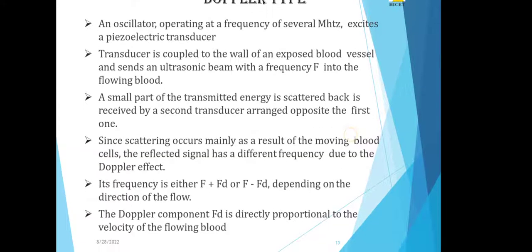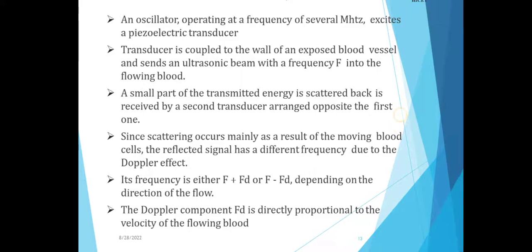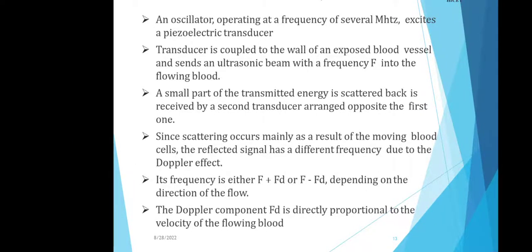Since the scattering occurs mainly as a result of the moving blood cells, the reflected signal has a different frequency due to the Doppler effect. Its frequency is either F plus Fd or F minus Fd, depending on the direction of the flow. The Doppler component Fd is directly proportional to the velocity of the flowing blood. So in this method we can measure the velocity of blood flow in our body. The first one is the magnetic field effect, and the next one is the ultrasonic method using the Doppler effect.